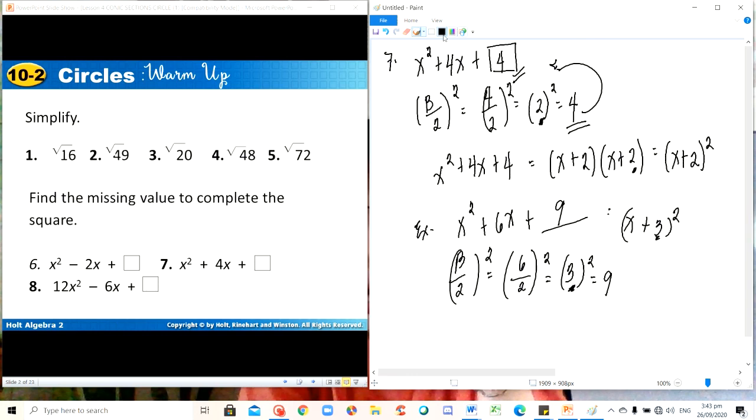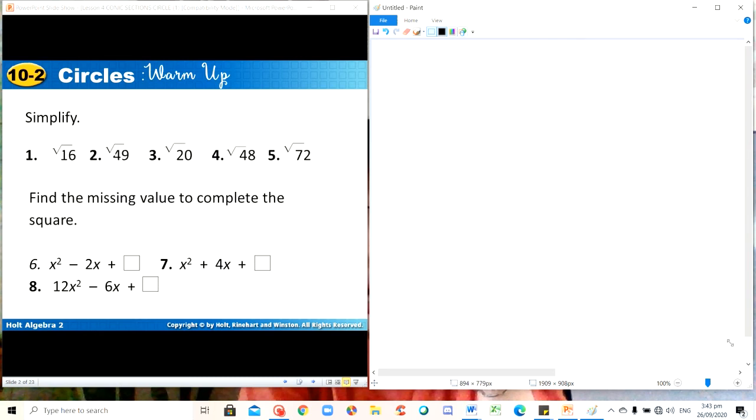Now, number 8 is somehow different from the first two examples because, as you can see, there is already a number before x squared.